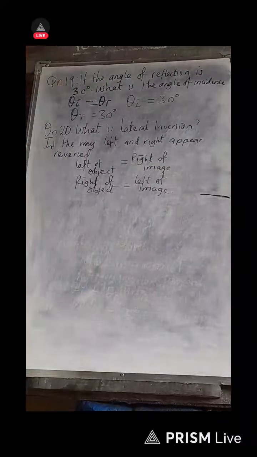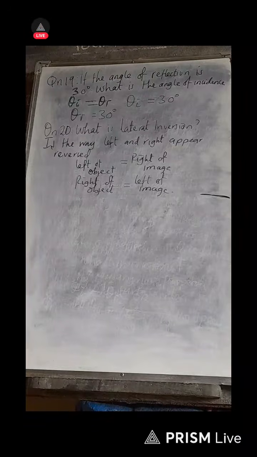So this is the meaning of lateral inversion: the way left and right appear reversed. It means the left of the object is the right of the image, and the right of the object is the left of the image. This is what we call lateral inversion.